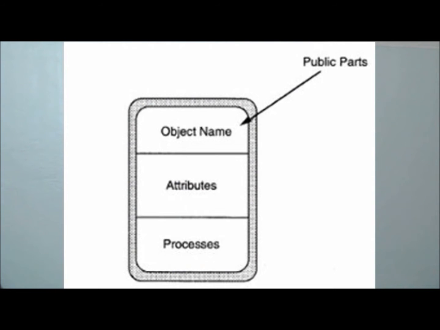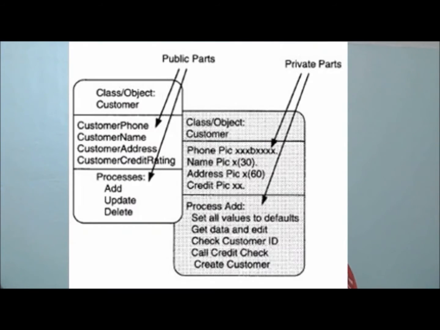So the object, going back to that top box with the three parts to it, there's an object, there's attributes, and there's processes. And so there's the object name, customer, and then customers have attributes that allow us to distinguish between the different customers. So let's look down on the left-hand side at the public parts of this object called customer.